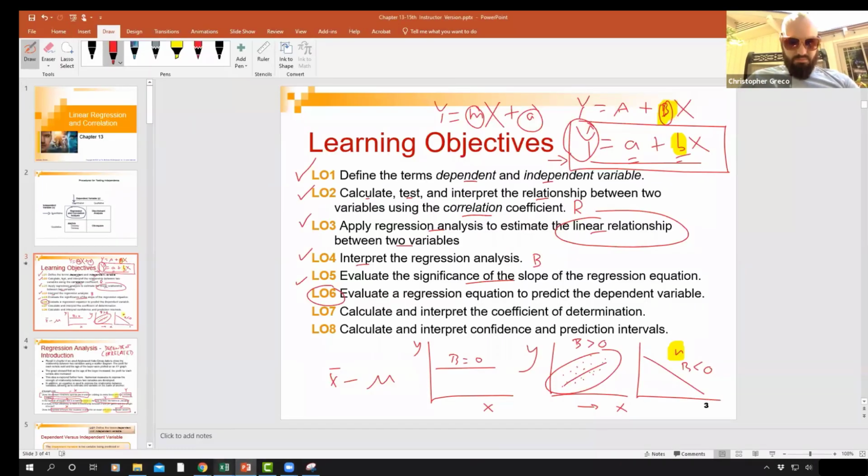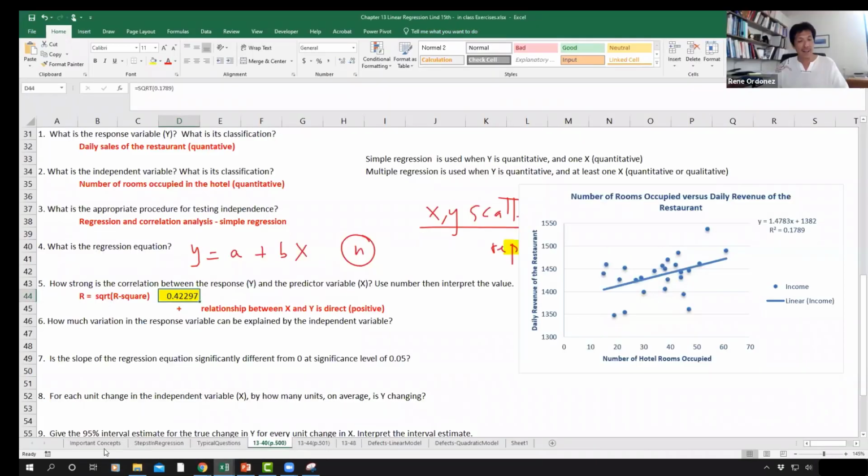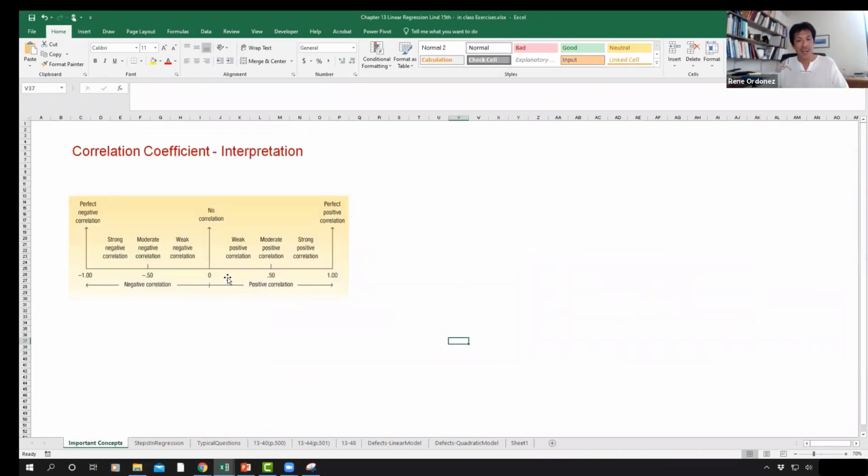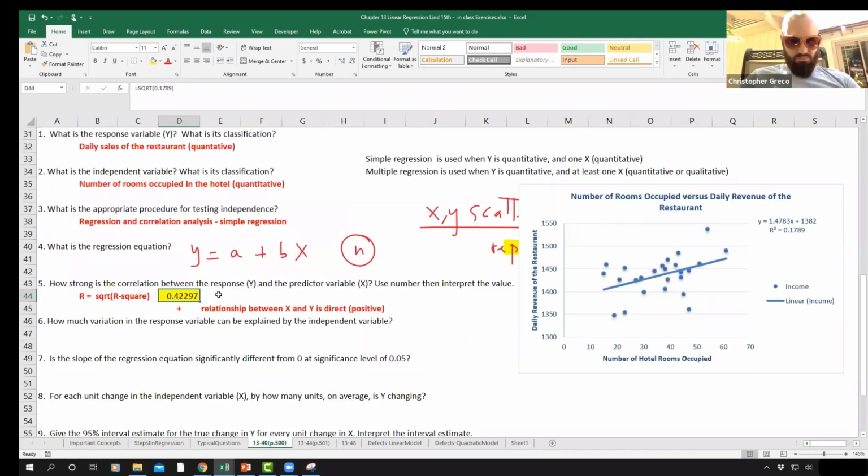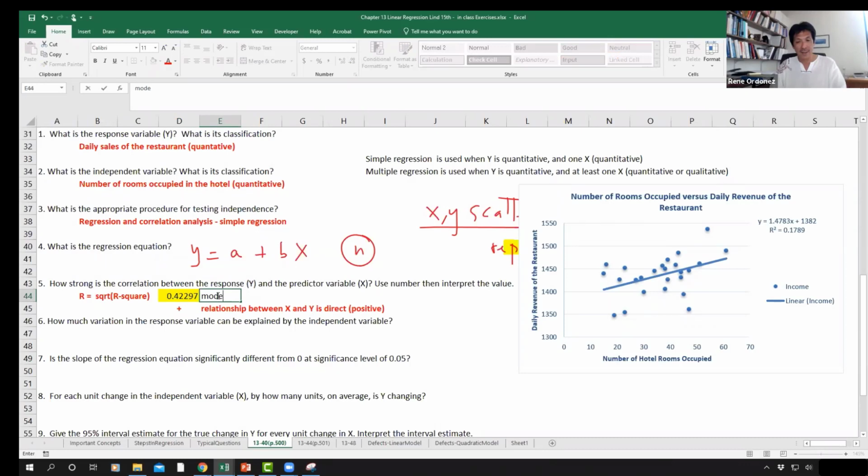Moderate. Moderate, okay. So it's around a moderate correlation. Okay, so we'll say that moderate correlation between x and y.